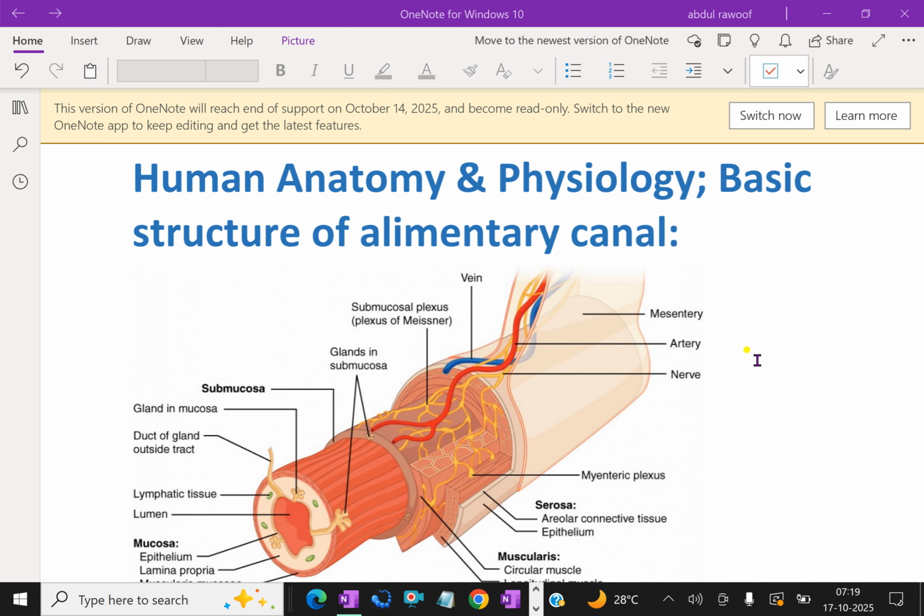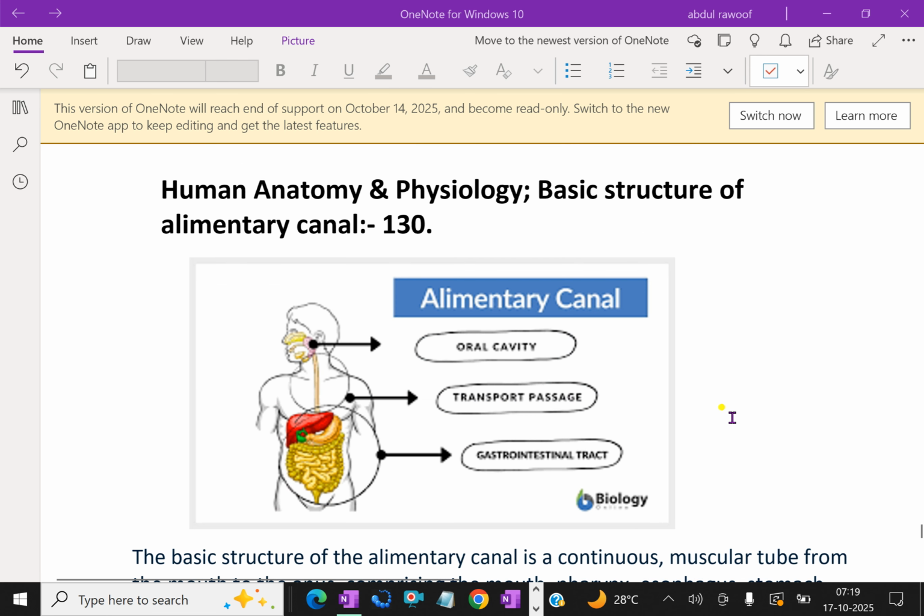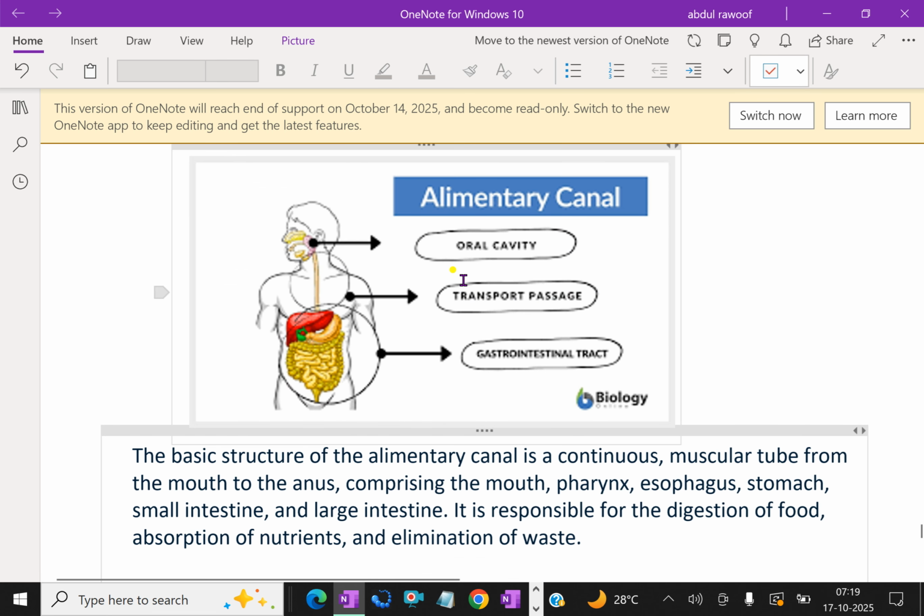Now, further we'll discuss the detailed structure of the alimentary canal. Look at this alimentary canal. Start with the oral cavity, transport passages, and gastrointestinal tract.